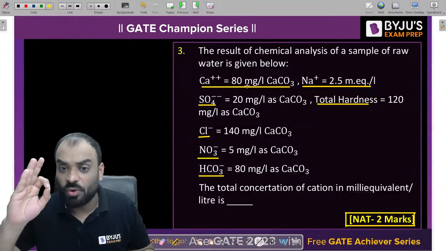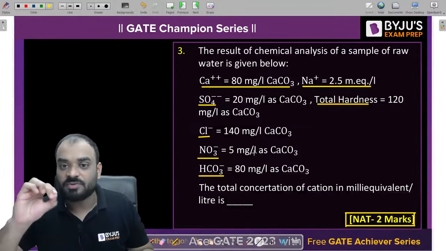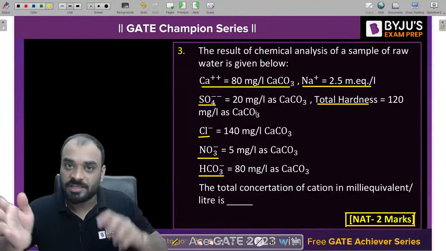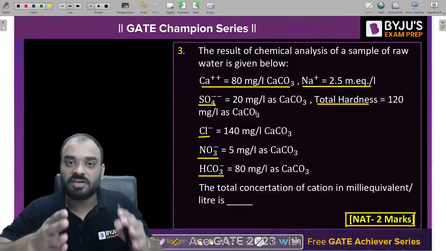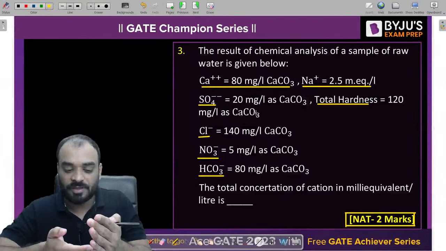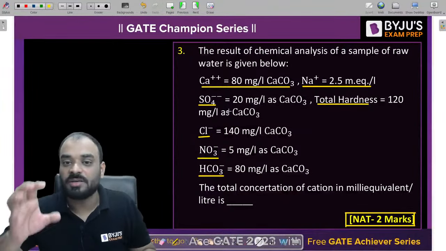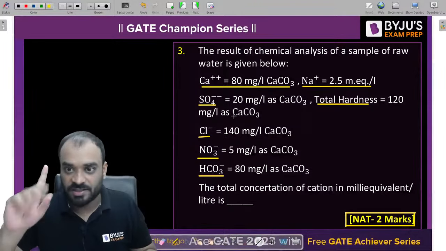But all these values are in terms of CaCO3, not in terms of the ions themselves. That means they have not given the concentration of calcium in terms of calcium itself, but in terms of CaCO3.